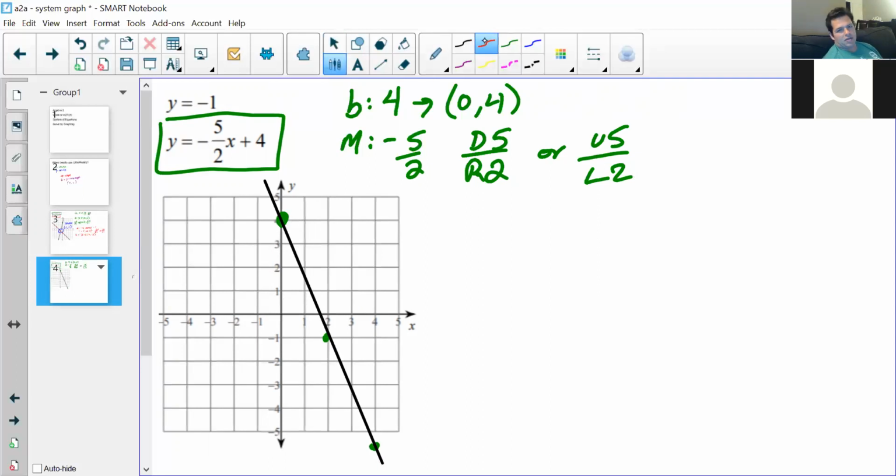Now the next line here is y is equal to -1, which looks simple, but we kind of have to think about this. We know, especially back in Algebra 1, that we had things called horizontal lines, and we had vertical lines.